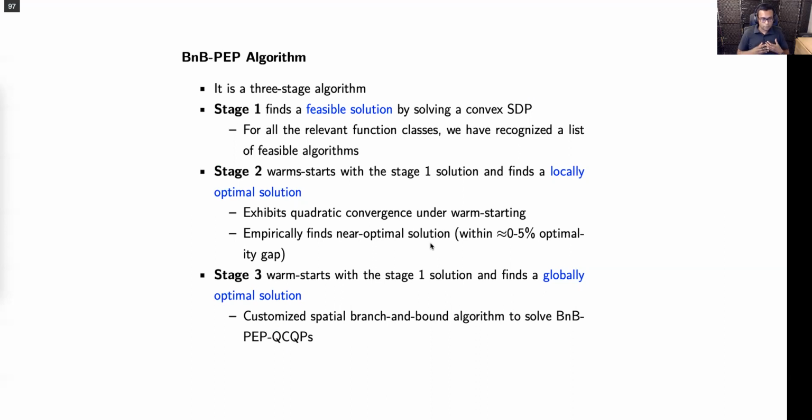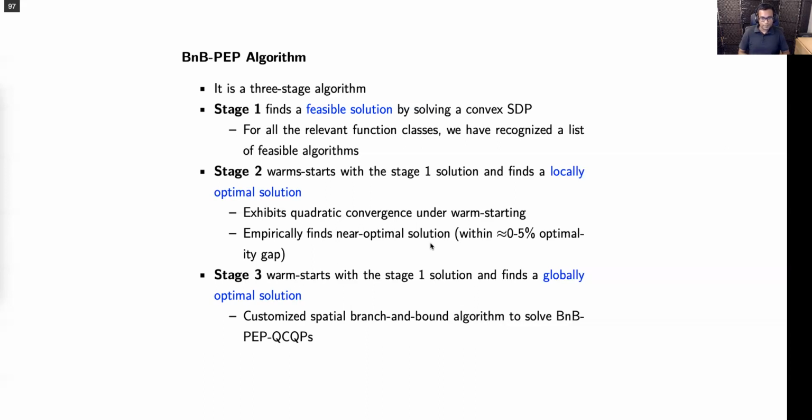In terms of convergence rate, the theoretical result is that if we warm start at a good enough point, a point that is not too far from a locally optimal solution, then such an algorithm will give you a locally optimal solution at a quadratic convergence rate under certain regularity conditions.